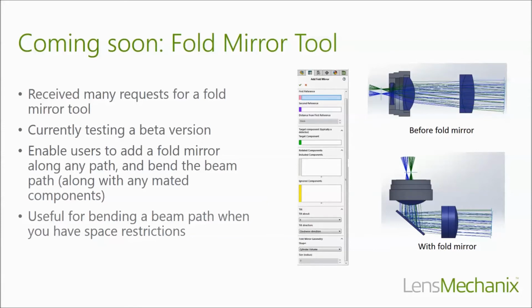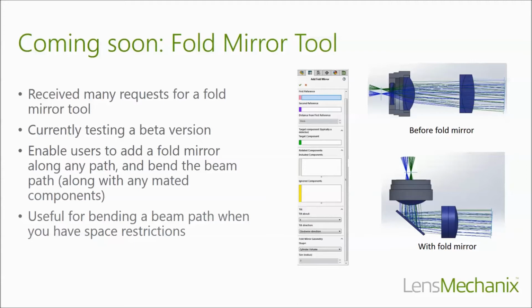The reason why a lot of people would find benefits from this is because many times there can be space restrictions that are mechanical restrictions. So the mechanical engineer needs to rearrange some of the components without having an effect on the optical performance.